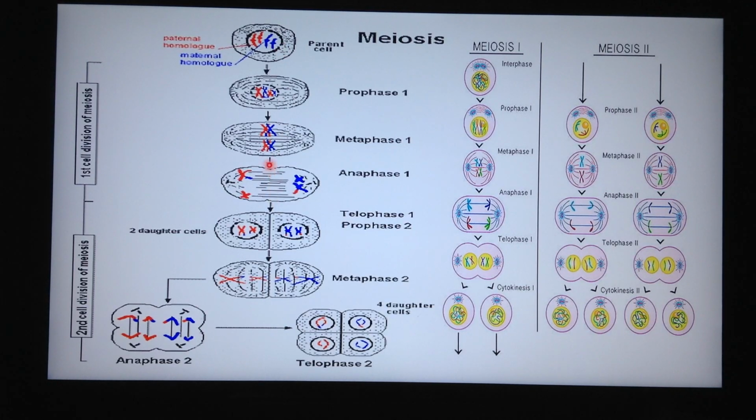So if there are problems in meiosis 1, then it is called heterodisomy, because if a particular chromosome from both the parents is going into one daughter cell, that will be heterodisomy. But if the problems are occurring in meiosis 2, it will be homodisomy, and we shall see.